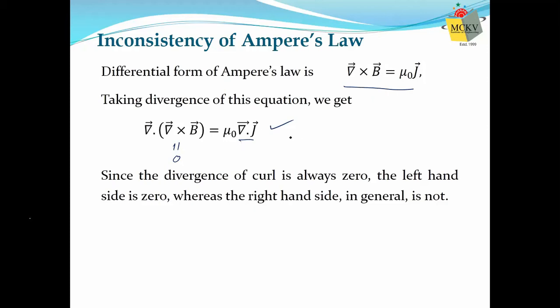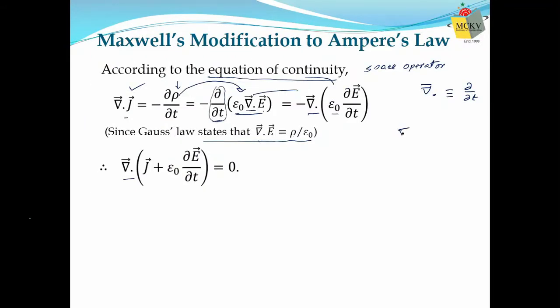So the point is, divergence J is not always 0. Remember, divergence of J is not always 0. It can be 0 under certain conditions, but not always. But divergence of this quantity is always 0. This is true because the equation of continuity is always true, and Gauss law is always true.